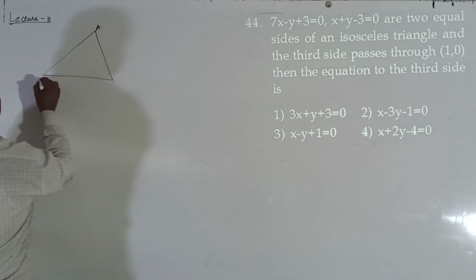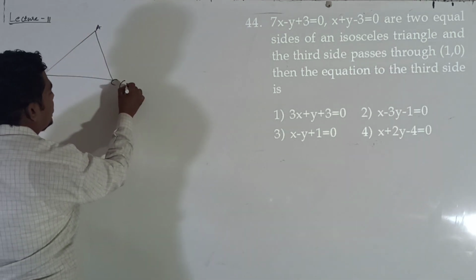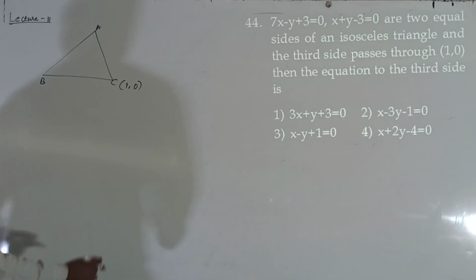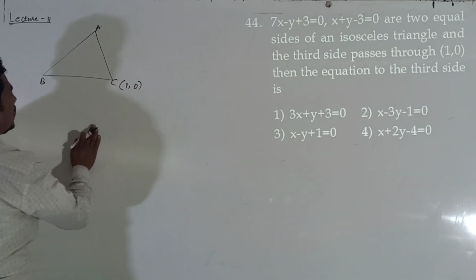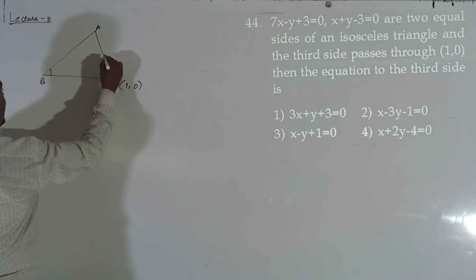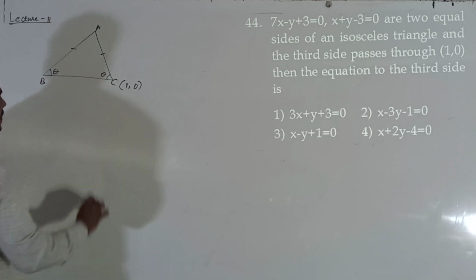Suppose this is A, B and C, and I will take the third point, that is 1 comma 0. The third line passes through the point 1 comma 0, and it is an isosceles triangle. Clearly, since these two sides are equal, these two angles are also equal.